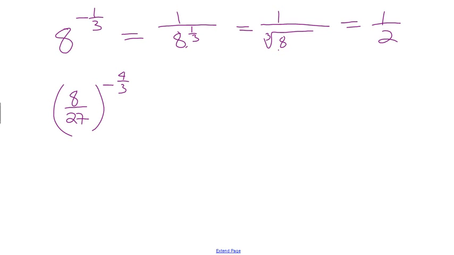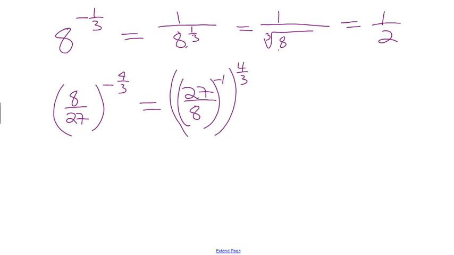If you flip it around, so that it's 27 over 8, then you can put it to the power of 4/3. Now I'm just writing that so you can see that. We would never actually do this, but I can write 8 over 27 as 27 over 8 to the negative 1. In essence, I'm stripping the negative off of this, and this is still negative 4/3 here, right?